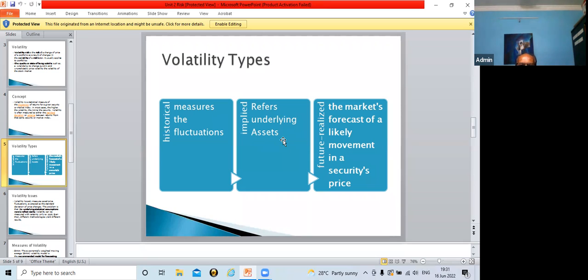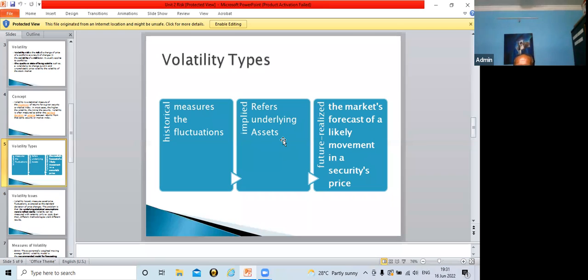If you take the example of soybean, edible oil is prepared from soybean, so edible oil is the underlying asset. The main basic asset is soybean. From soybean we can have edible oil, and we can also have medicines. So medicine or edible oil are examples of underlying assets. Have you understood what an underlying asset is?